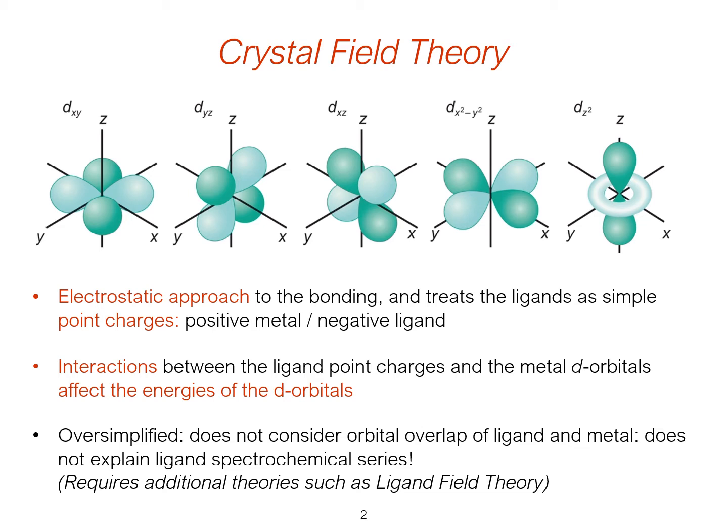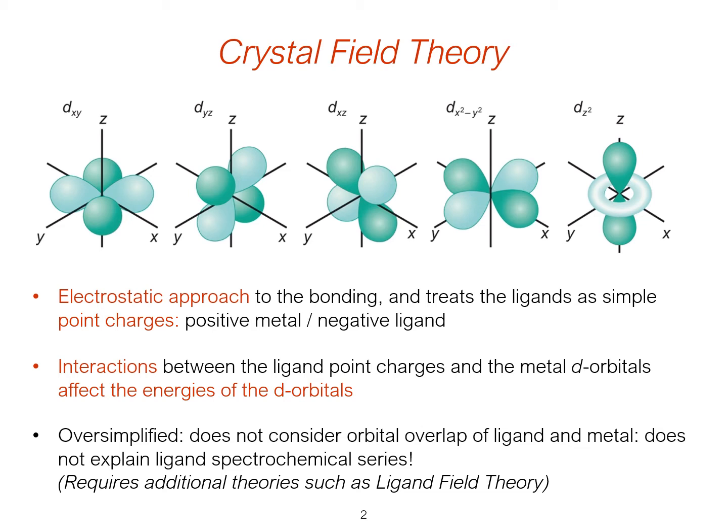With crystal field theory, we look at the interaction between these negatively charged points and the d orbitals of the metal, and I've got the d orbitals shown at the top here. The interaction of the ligands, or these negatively charged point charges, with the d orbitals can affect the energies of the d orbitals. And we'll see this for various geometries through this lecture.